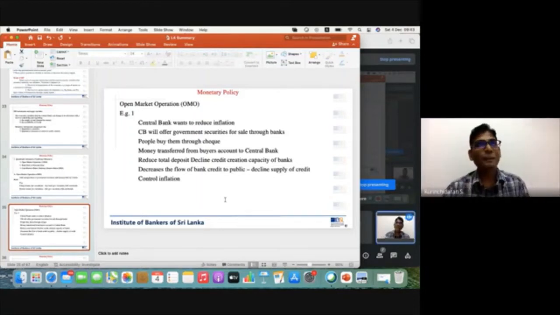Yeah. Now, the banks, the money market or bankers will get to know that information. If the government is in deficit, then definitely the banks or the participants will know, okay, we are going to fund the government.